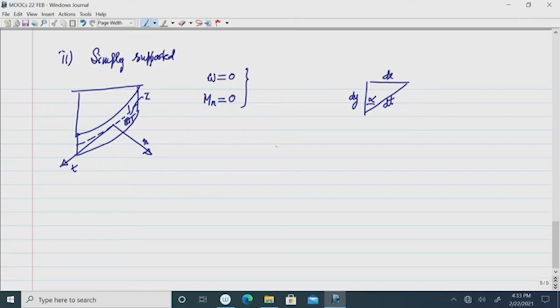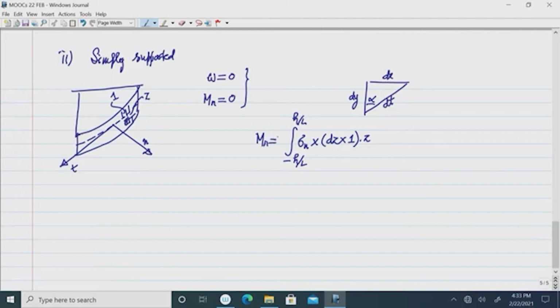Then we can write the moment of this element. The force on this element is sigma n into the area of the element, dz into 1, if I take the unit width. So, force into distance z, integrated from minus h by 2 to plus h by 2, gives the moment along the normal direction.